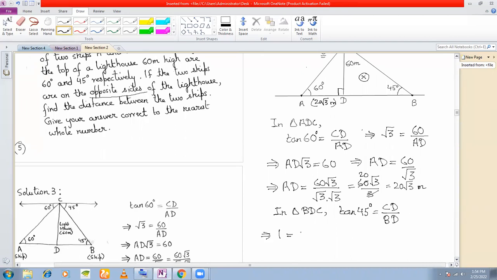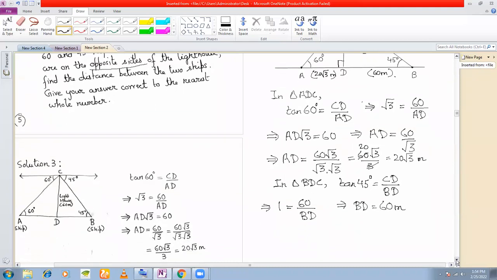The length of CD is nothing but the height of the lighthouse, which is given to you as 60 meters. And from here, you can find out BD. That means you get BD is equal to 60 meters, right? So this length you are getting as 60 meters. So therefore, what is the total length? What is the distance between the ships? 60 plus 20 root 3. That is the total length, right?